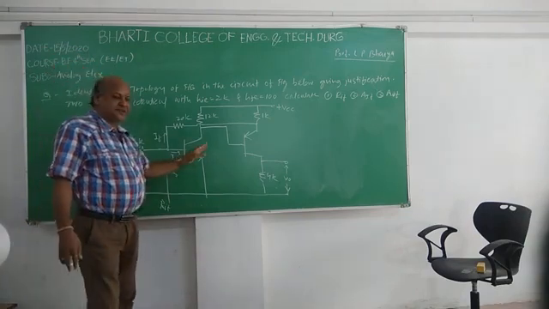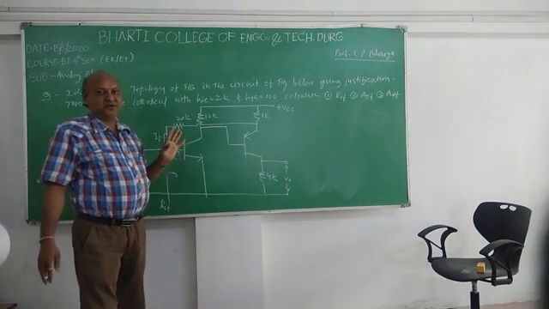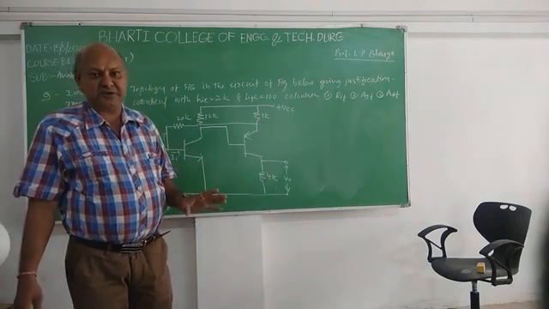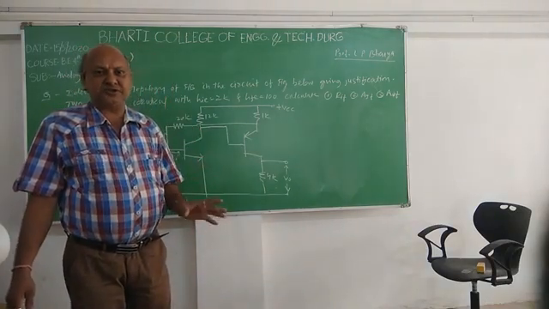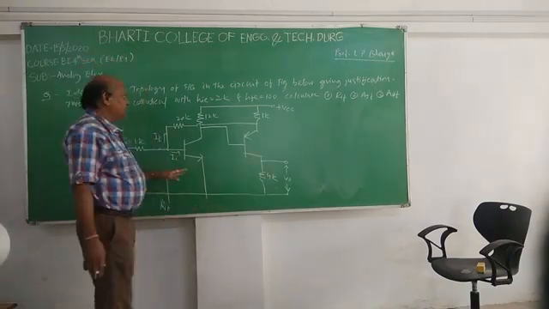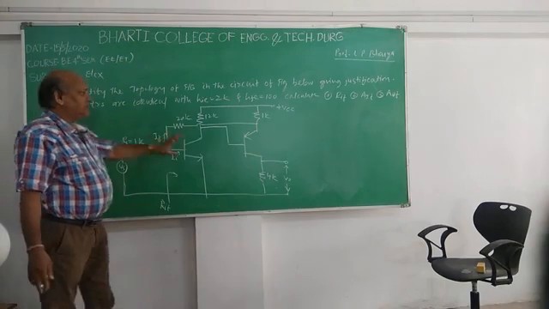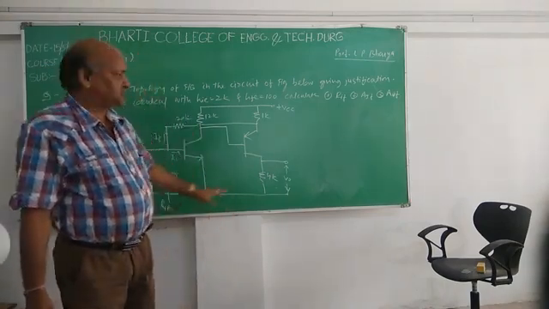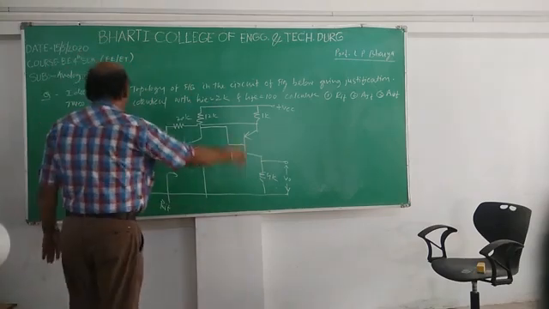So you have to identify the topology of the feedback, whether it is voltage series feedback, voltage shunt feedback, current series feedback, or current shunt feedback, and you have to justify it.